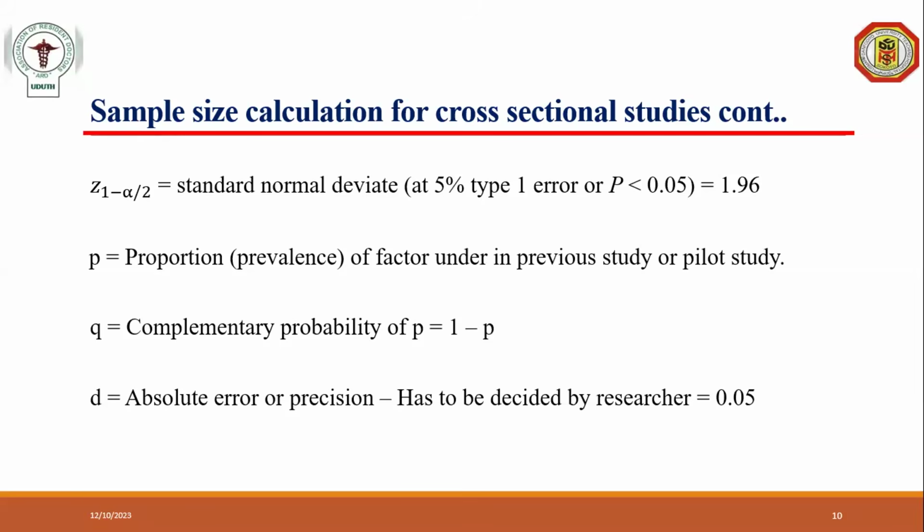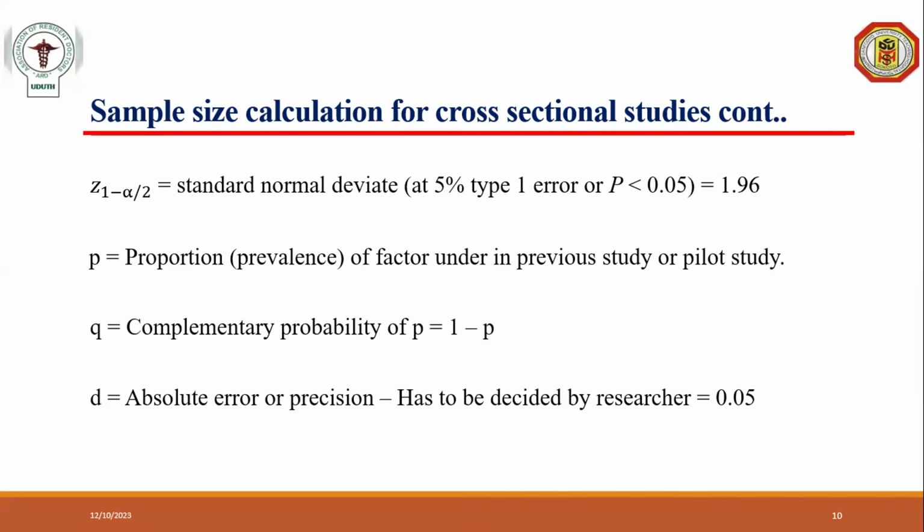Then D. D is the absolute precision. We have also explained it in the factors that influence the sample size formula. So precision is the proportion of error that you allow in that study. Because no study can be 100% accurate. Any study must be prone to some errors.